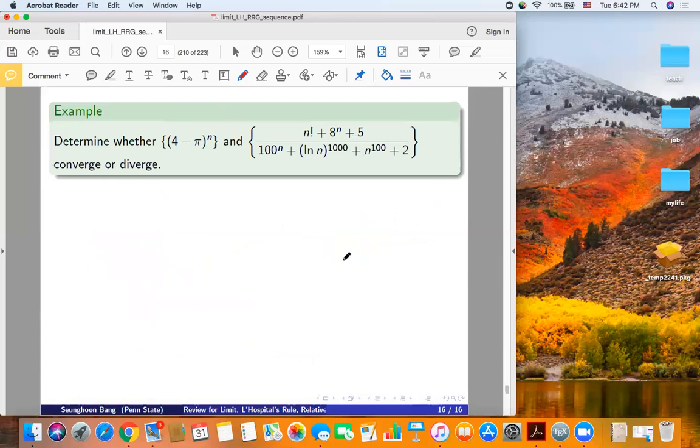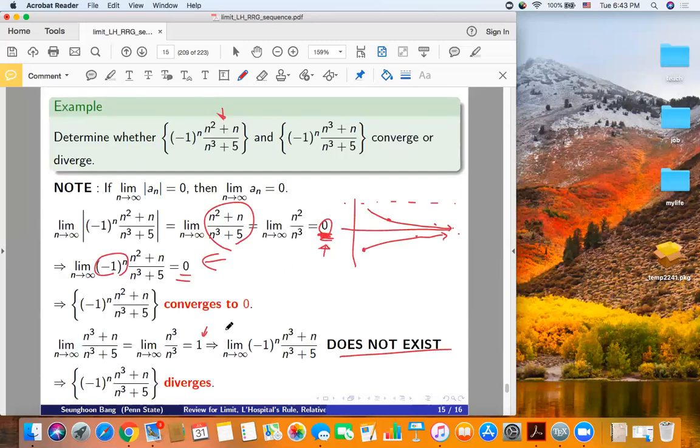Okay, next one. Determine whether 4 minus pi to the power n factorial plus a to the n plus 5 over 100 — it didn't disappear with the second one. So the second one, it did not disappear.